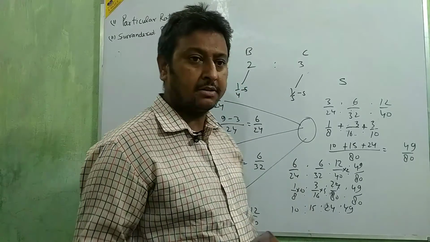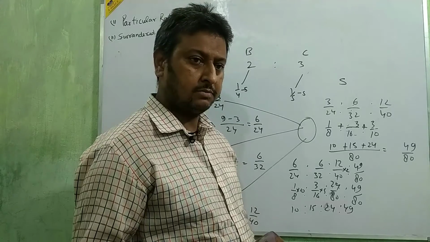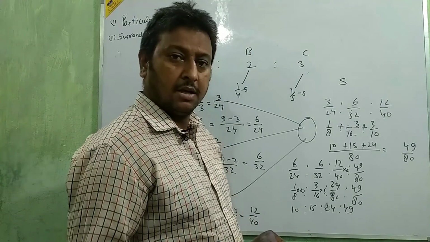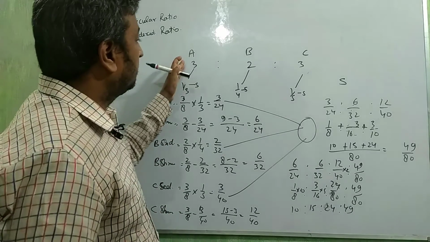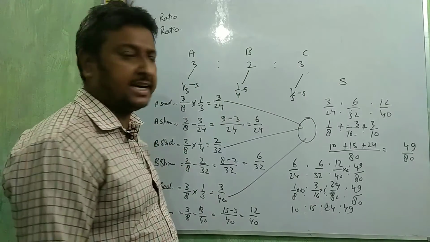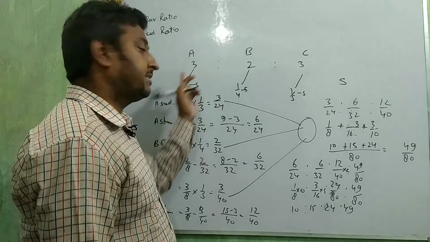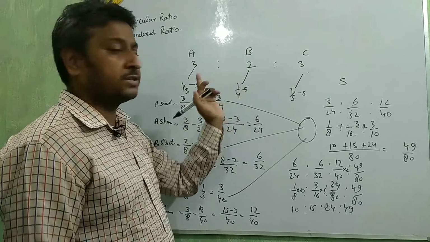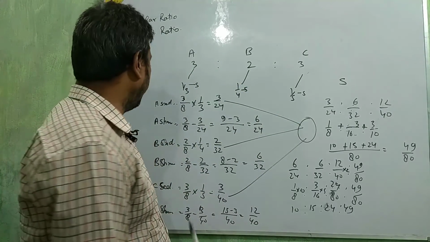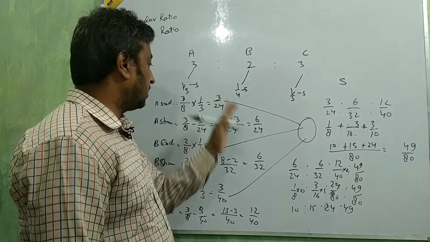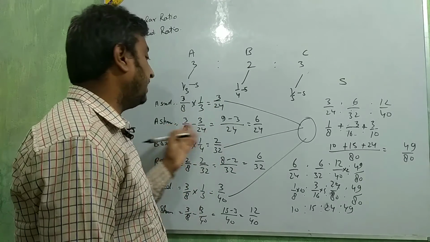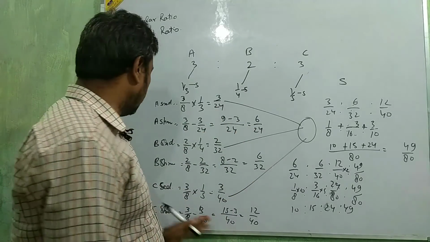On this we are doing. Clear? Again I have to repeat. Okay, just see, 3, 2, 3 ratio is there. 1 upon 3 surrendering, 1 upon 4 surrendering, 1 upon 5 surrendering. 3 upon 8 into 1 upon 3 is equal to 3 upon 24. Less from A, his ratio is 6 upon 24.